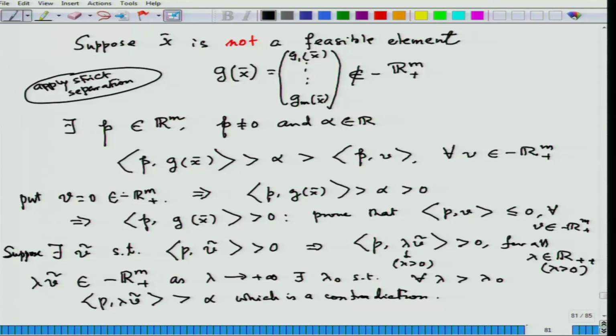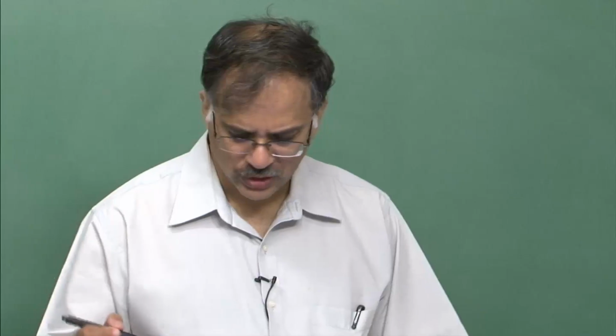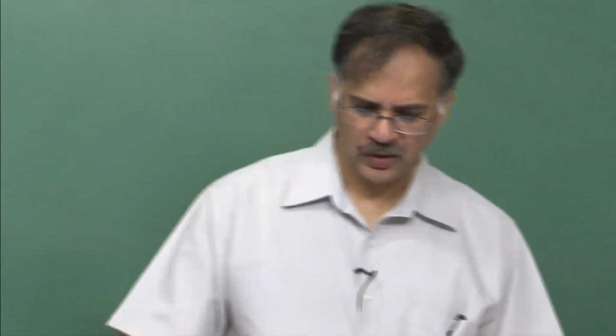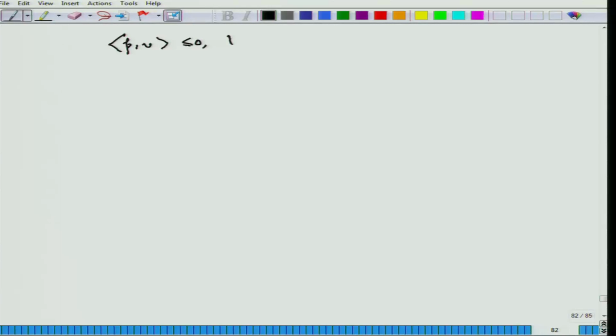Once I have broken that, we have a contradiction. So, we have that P of v is less than or equal to 0 for all v an element of minus R^m_+. So, for every negative vector, this P of v has to be less than or equal to 0.